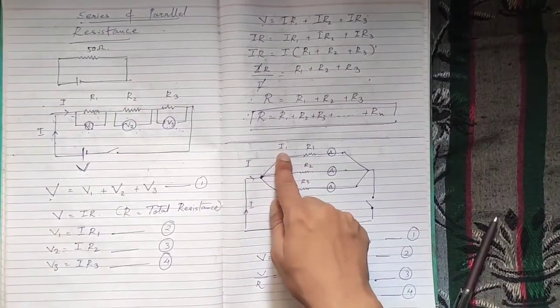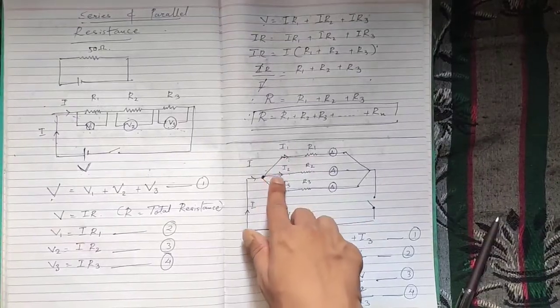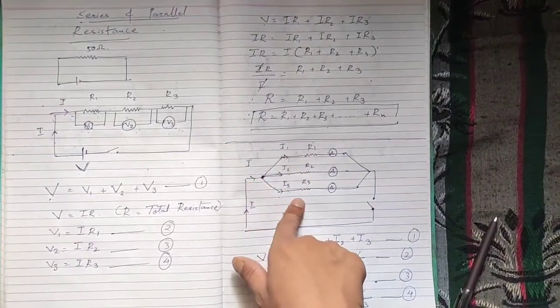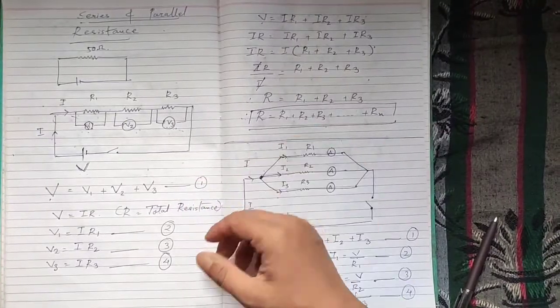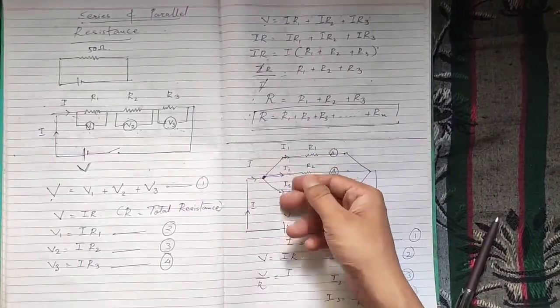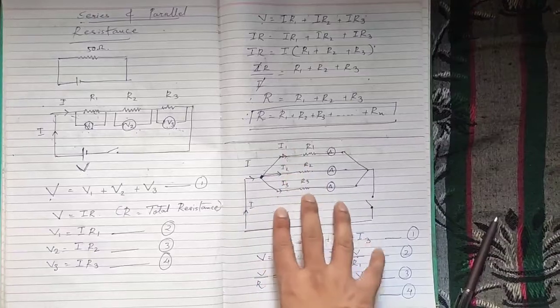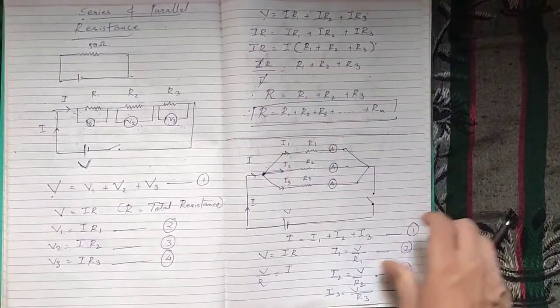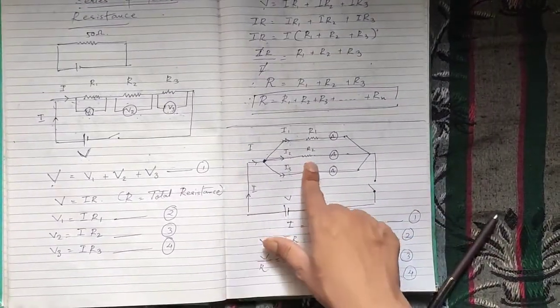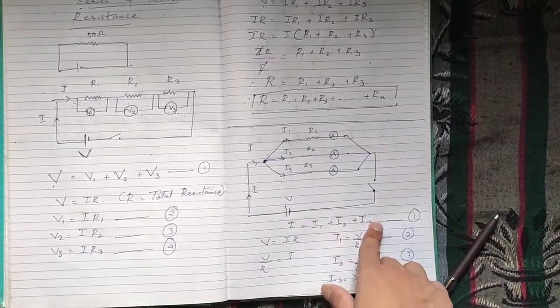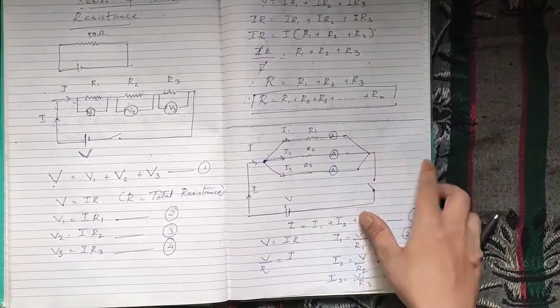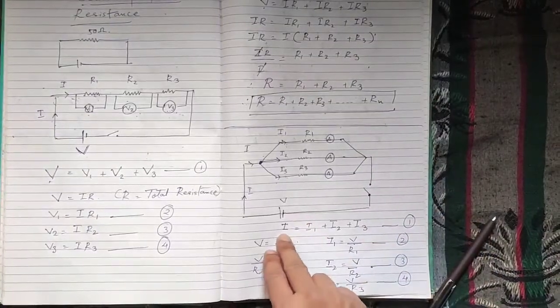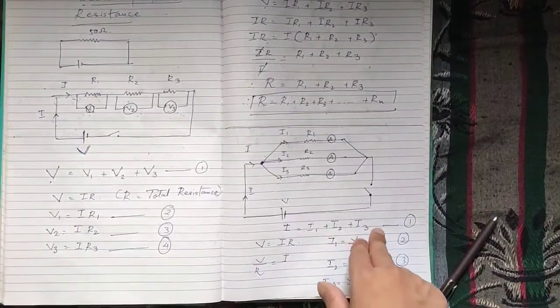Some water passes through this pipeline, some through this, and some through this. You can imagine this current flowing as water through pipelines in all the rooms and different faucets. So total current I is equal to I1 plus I2 plus I3, because it splits up and when it gets combined over here the same total current flows through it.